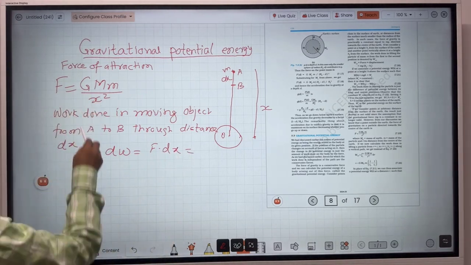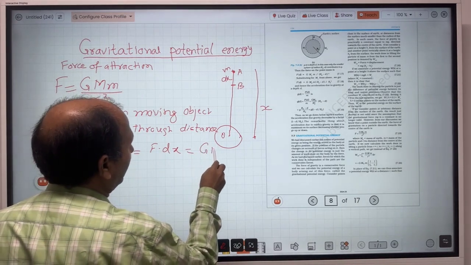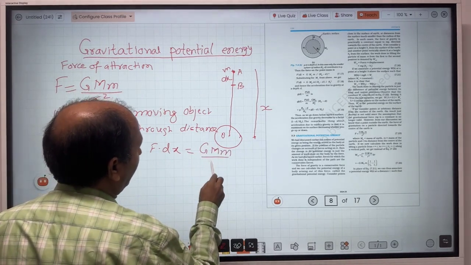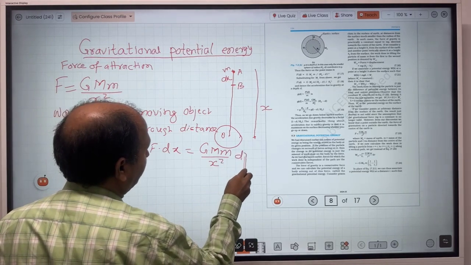That is, F equal to this much, GMm divided by x square, dx.